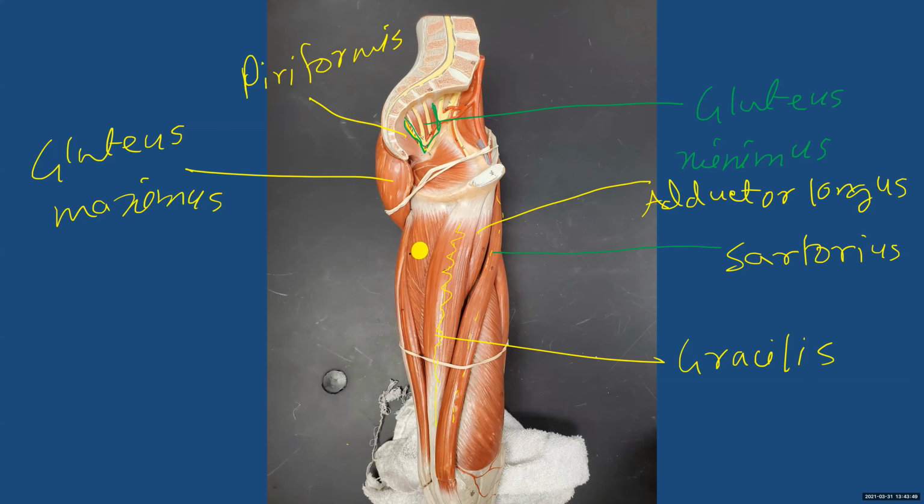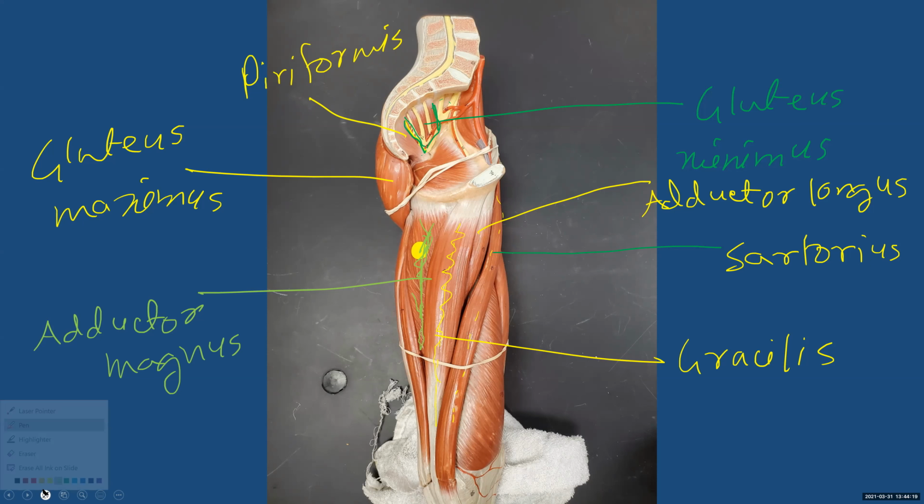Then on the other side, still we are looking at the medial aspect. This large muscle, I'm going to change the color here. This large muscle, this and this together, these two are the adductor magnus. Okay, all of that is adductor magnus. I'm going to erase.